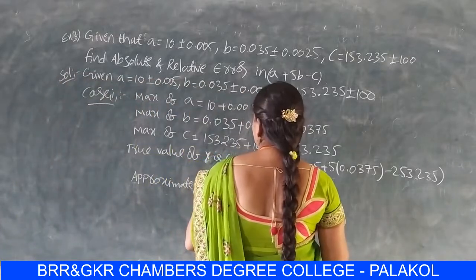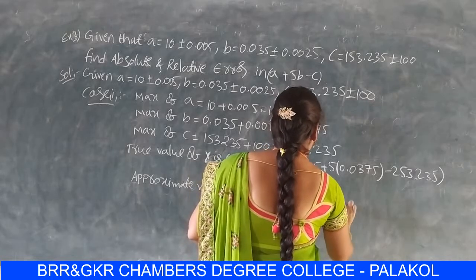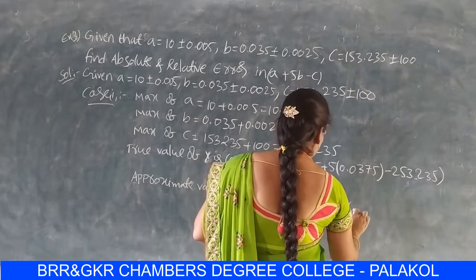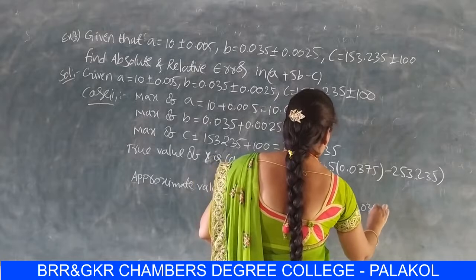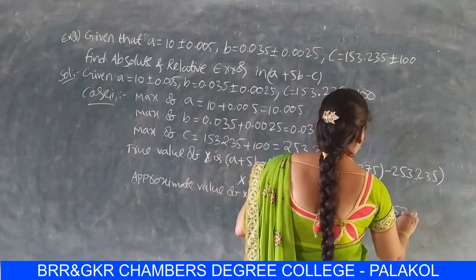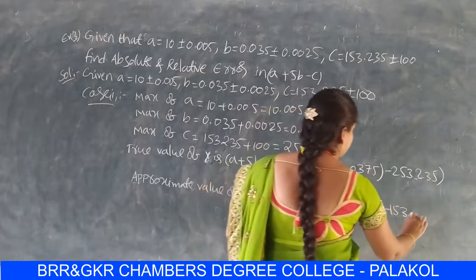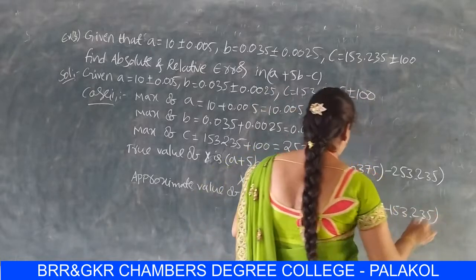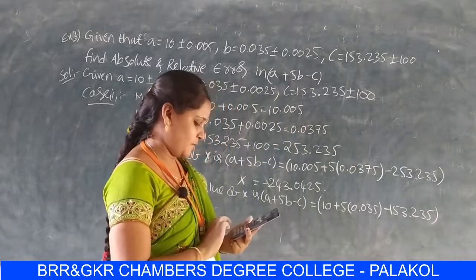So this value is 10 plus 5 into 0.035 minus 153.235, and we simplify it.